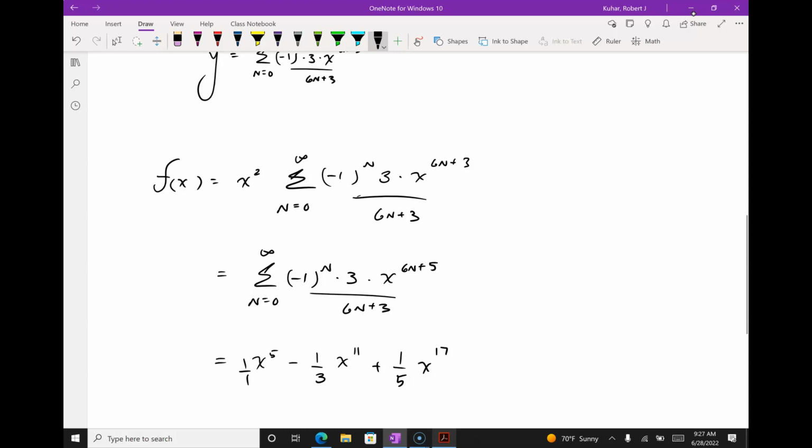I know x to the 5th, x to the 11th, x to the 17th, it's got to be x to the 23rd next. 1/1, 1/3, 1/5, it should be 1/7 next, but a negative, right? Yep. That's good enough for me.